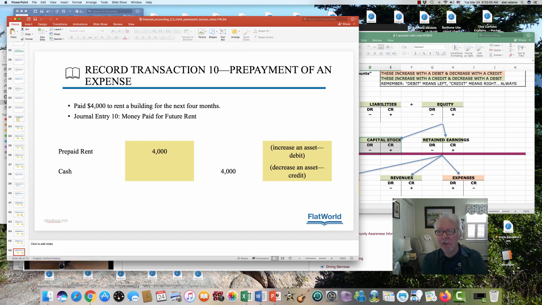So every single month for the next 4 months, I'm going to have to remember to take $1,000, debit rent expense, and credit prepaid rent. Now, we've already paid the cash, so no more cash will be changing hands. This time, we paid the cash before we incur the expense. It can happen either way.